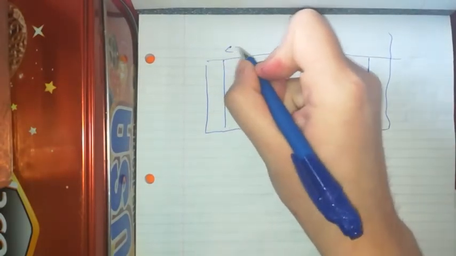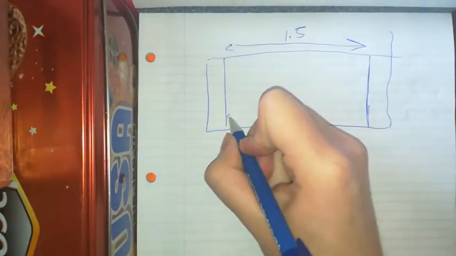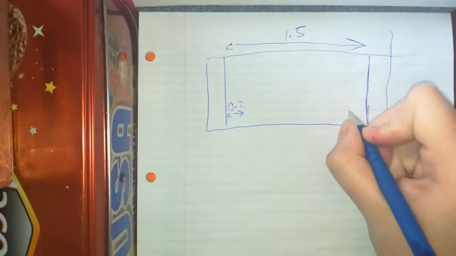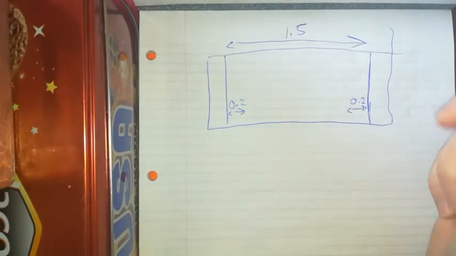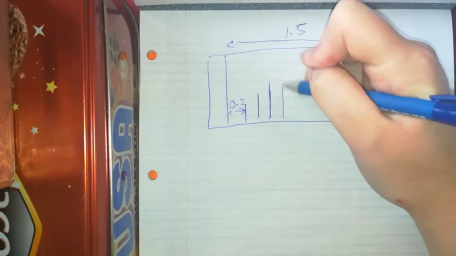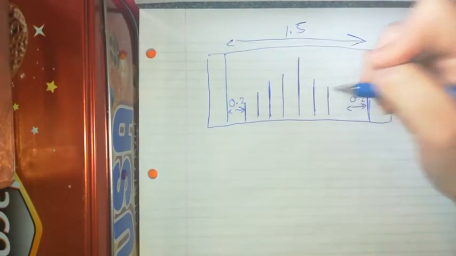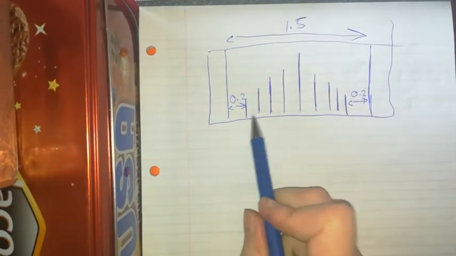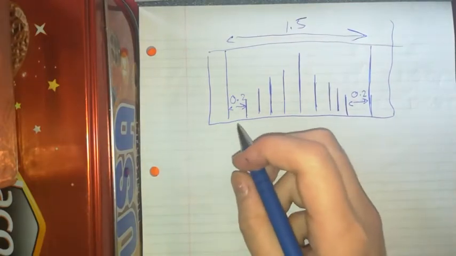So the whole thing here is, I might go with meters, 1.5 meters, and then from here to here is 20 centimeters or 0.2 meters, and from here to here is 0.2, and then the distance between each of them is identical. So there's 1, 2, 3, 4, 5, 6, 7, 8, 9, so there's 9 altogether, and each of the bars has a radius of 1 centimeter.